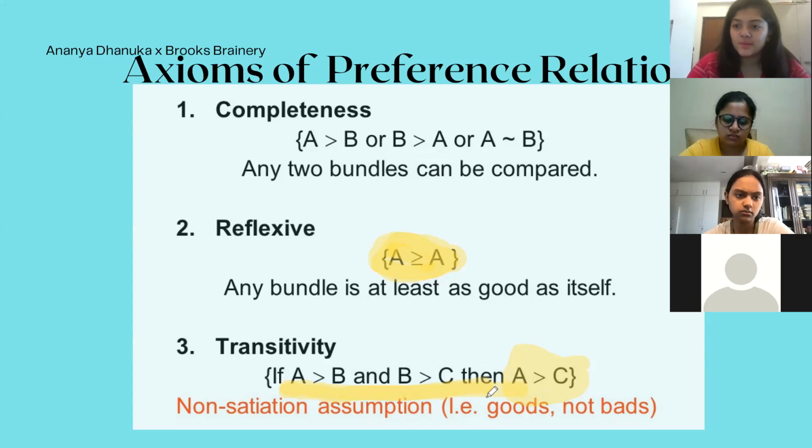Okay, so these are three principles. These axioms are provided so that we can create the utility function. Let's say your particular preferences can actually be graphed, made into an equation. Then they have to at least satisfy these three axioms to be graphed, and I'll show you the graphs that are formed.